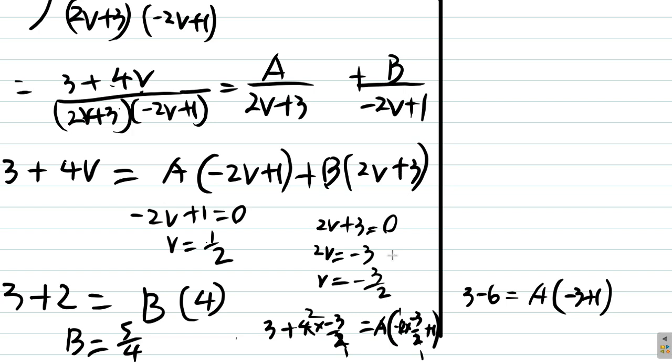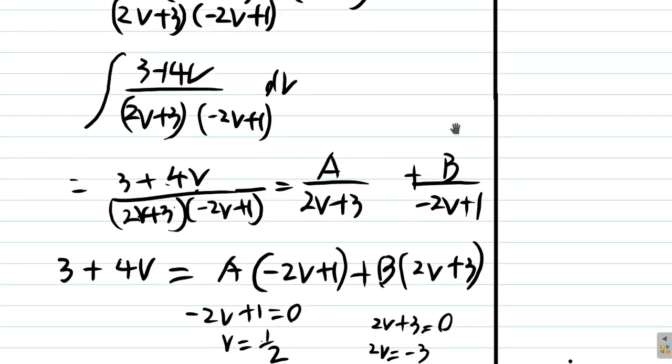So we have 2 times negative 3 over 2, and plus 1 is negative 2. Right, so 3 minus 6, negative 3, equals negative 2A. So A would be 3 over 2. Alright, so we have our B and A. So let's work with this now.